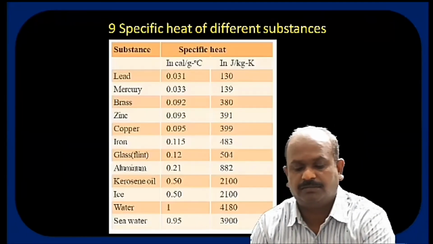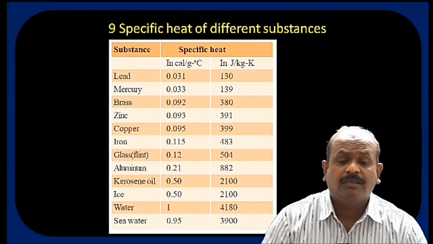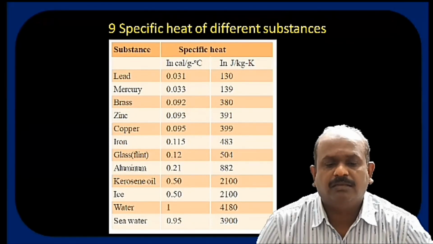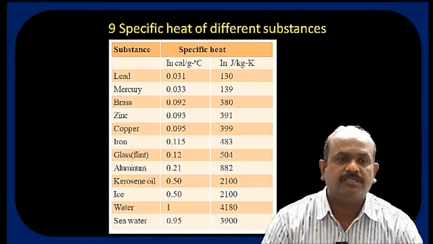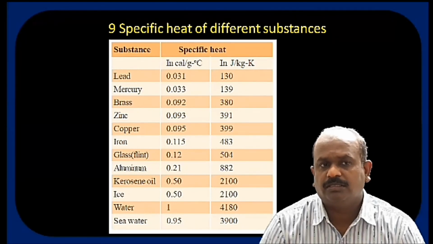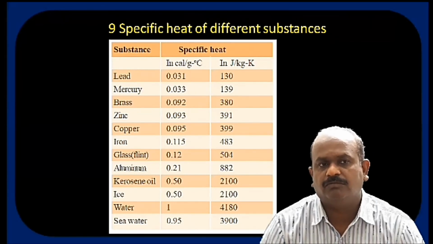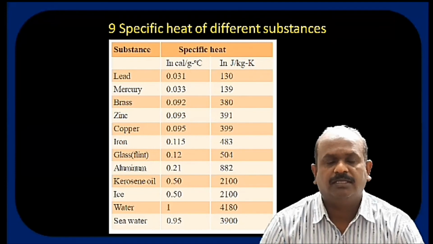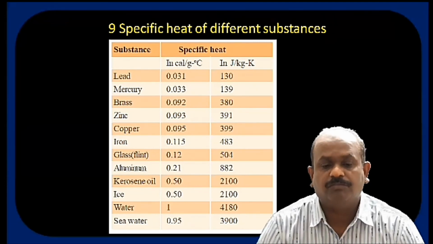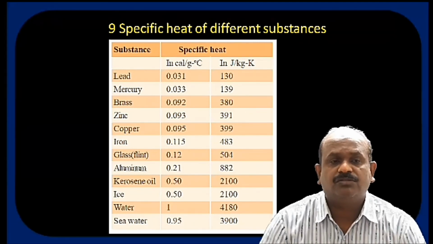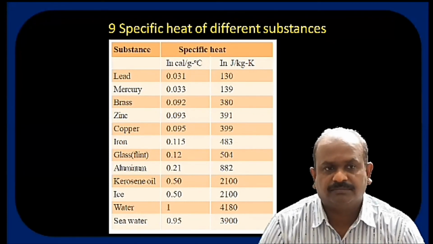Okay, next. Here is a list of specific heats of different substances. We have already discussed this and seen an experimental activity also. All substances do not have the same specific heat.